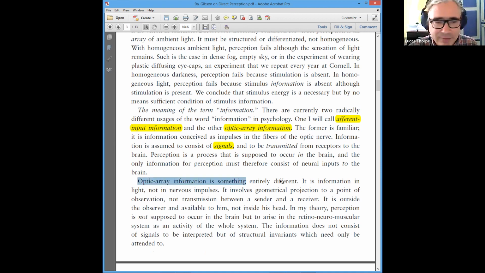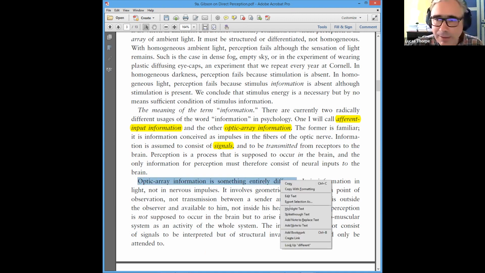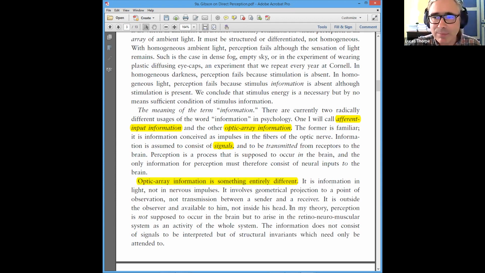Optic array information is something entirely different. When Gibson's talking about information, he's not talking about something that's processed. For Gibson, information is something objective out there in the environment.